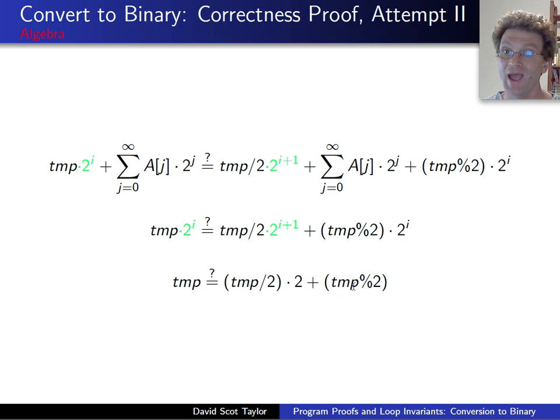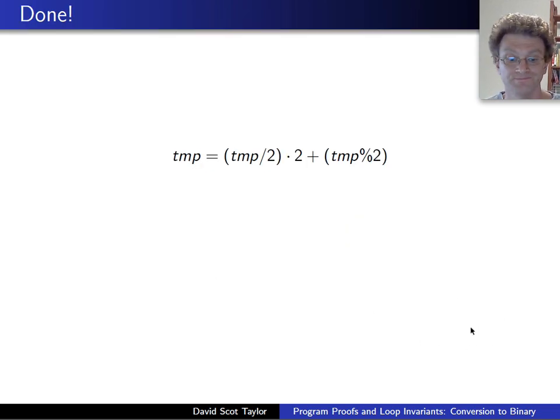And then we either add back the remainder, in the case of 71 which was 1, or the remainder of 0 if temp happened to be even. So this holds. This is almost how we define modulus, given a definition for integer divide. So great, we're done. That is our loop invariant.